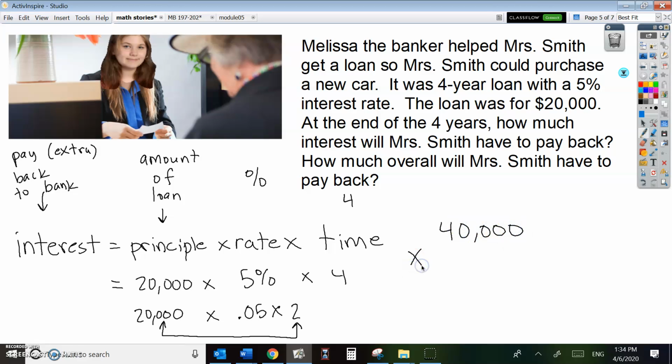And multiply that by 0.05. 5 times 0 is 0, 5 times 0 is 0, 5 times 0 is 0. So there should be 4 zeros and then a 20. We have 2 decimal places here, so we need 2 decimal places here. 1, 2. So it looks like 2,000.